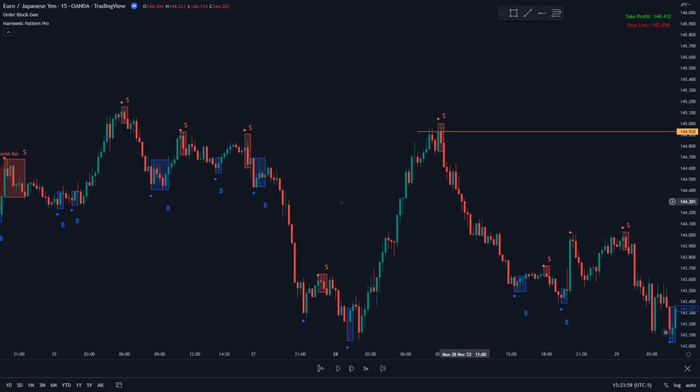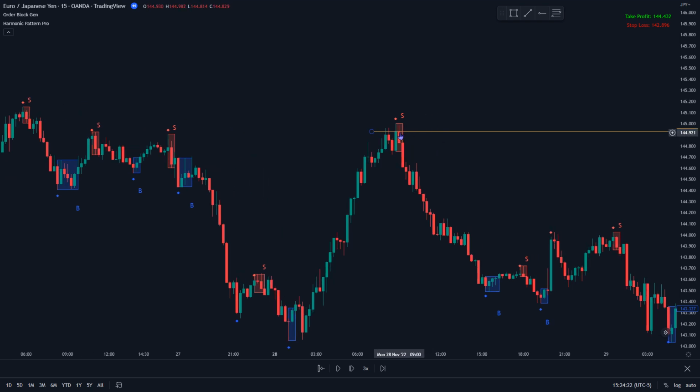All right, here we are on the 15-minute now for the Euro Japanese yen chart. And if you recall, remember the 7 o'clock candle was when it formed, retraces up. So when the 9 o'clock candle starts, as you can see right here as my cursor is over it, that pattern has now completed, right?